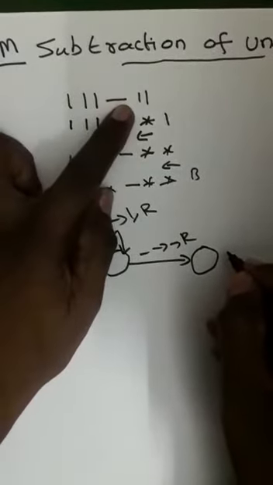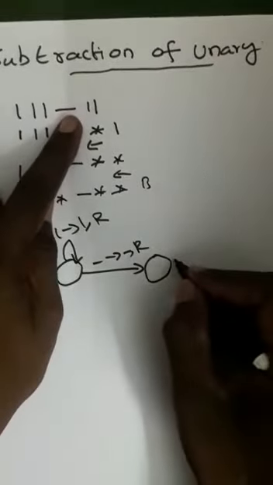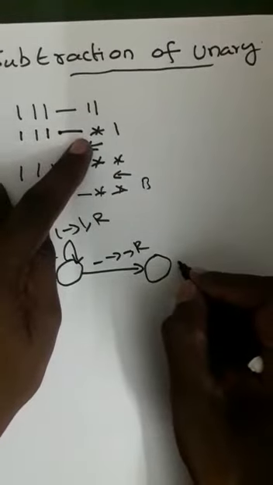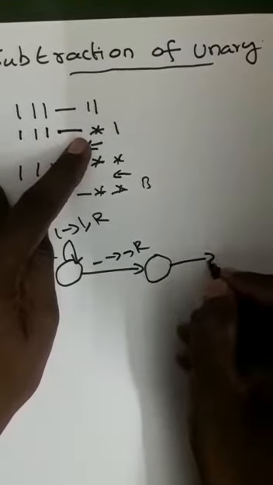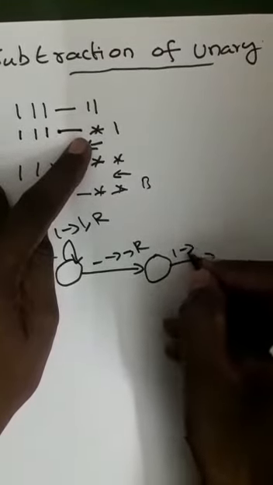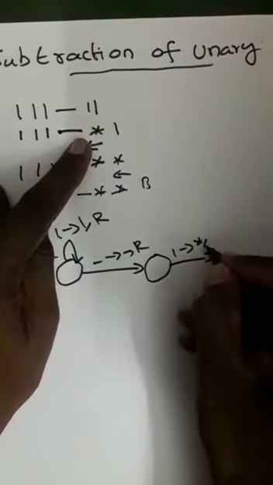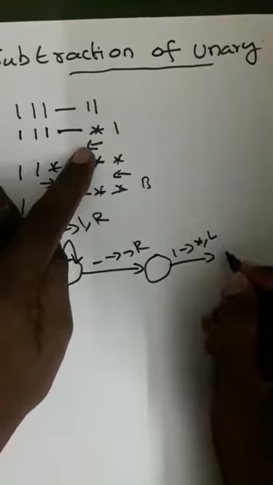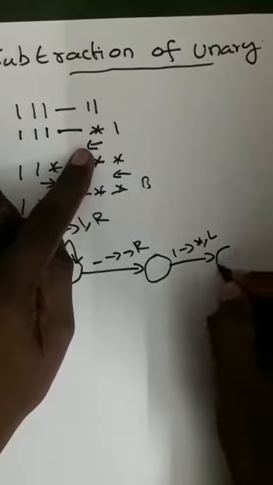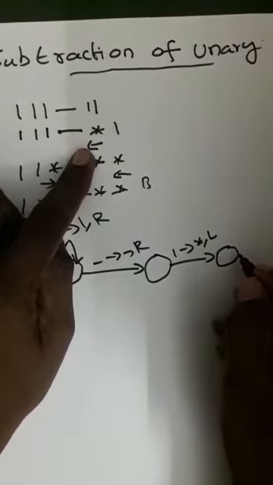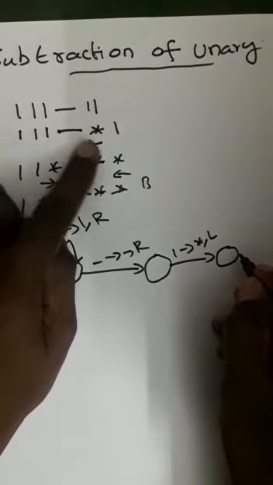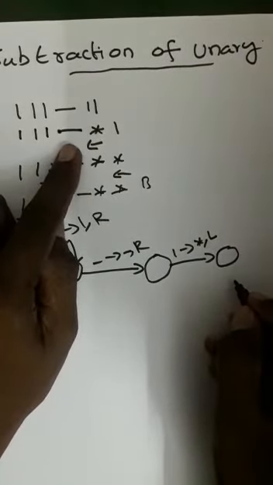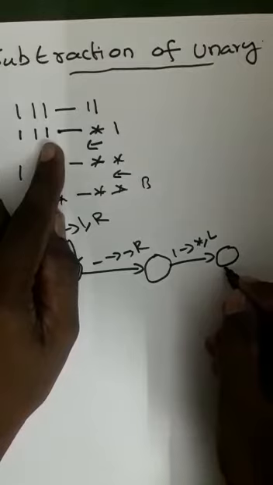Once 1 is identified, this 1 must be converted into a star, and change the direction to left. Now minus is there, keep the minus as it is, move towards left.